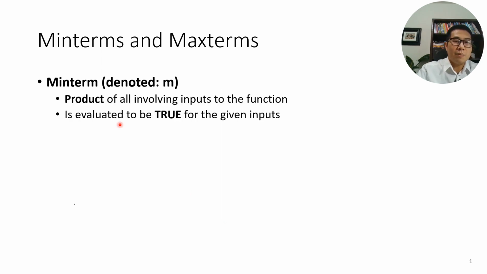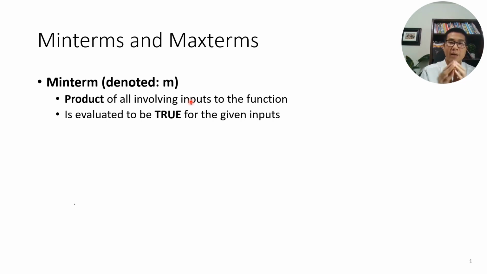The min term is denoted with a lowercase m, and it is the product, or the dot product, or the AND operation of all involving inputs. Let's say you have the equation y equal to a and b and c, with three inputs.